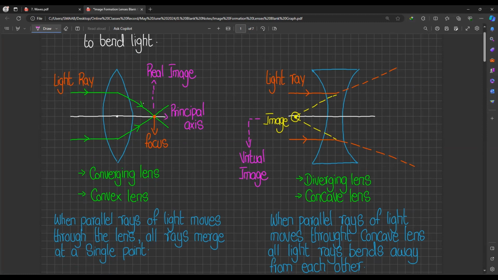And in our syllabus, there is the image formation concept and image formation cases, when you place the object at different points, only for the convex lens. There is no case related to the concave lens because we know that a concave lens will form a virtual image. So we only need to discuss cases about the converging lens, which is the convex lens, right?